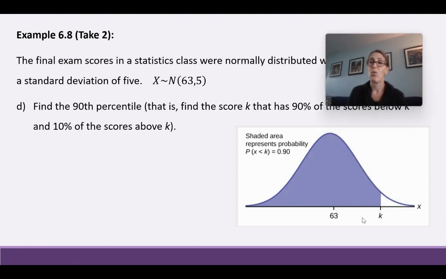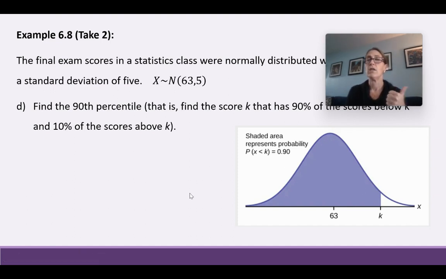We don't know what number that is, but we do know 90% is going to be to the left of K. We know how much area this is, it's 0.9, and we want to figure out what value would give us a probability of 0.9.